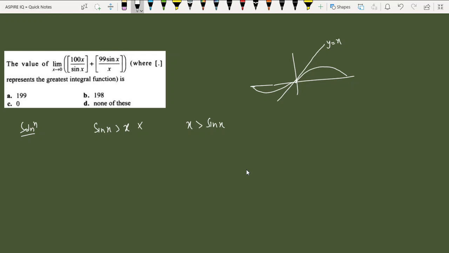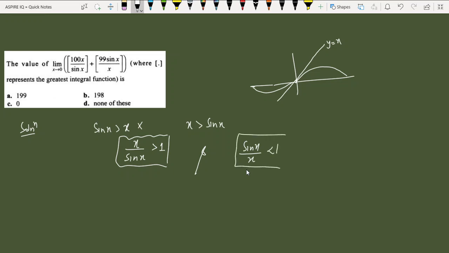So x upon sin x is greater than 1, and sin x upon x is less than 1. Or you can draw the graph of sin x upon x.